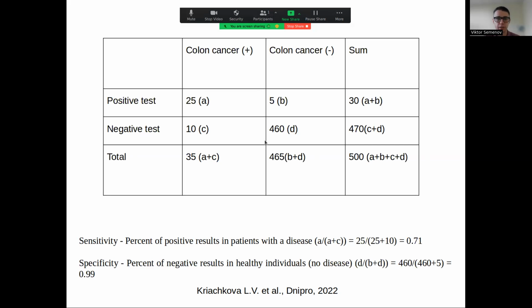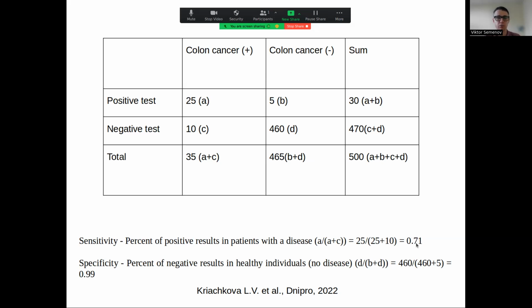So we take these 25 people and divide by all people who had colon cancer in our study. So 25 over 35 gives us 0.71. So 71% of those with colon cancer will be caught using this diagnostic test, which is pretty good.